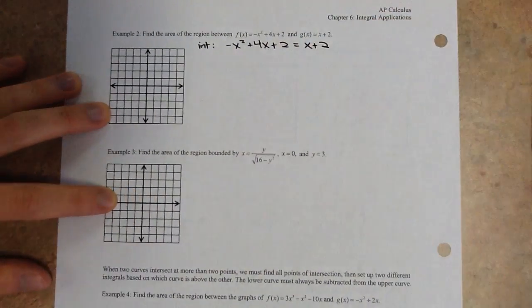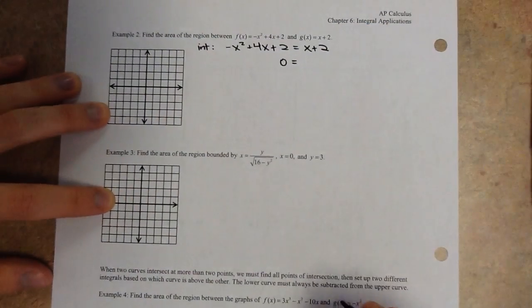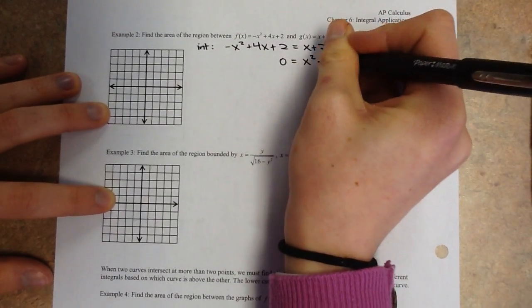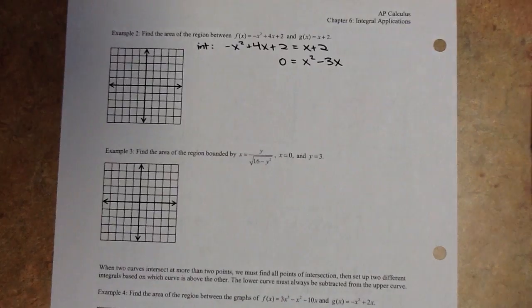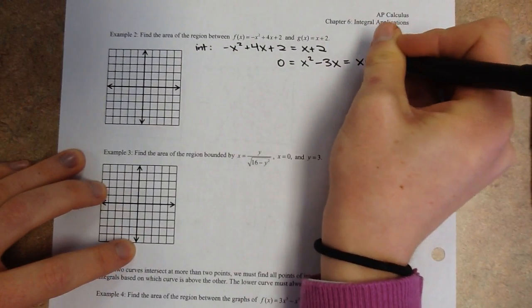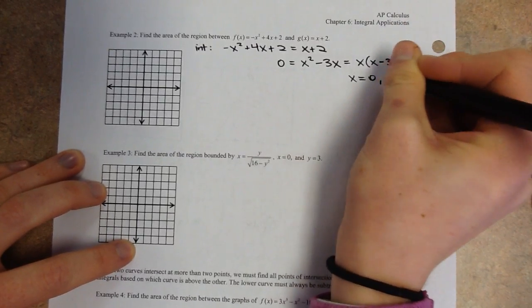I would just move everything over to the right because this is a negative x squared. So if we move everything over, I'll be left with a 0. If I add the x squared over, subtract the 4x, and then subtract the 2's and they'll cancel. If I factor this down, then I know they're going to intersect at x equals 0 and x equals 3.